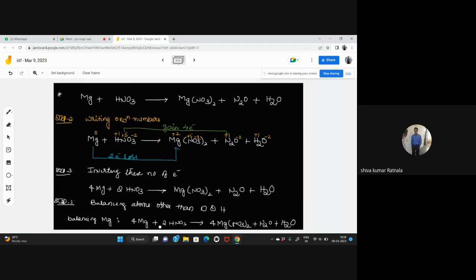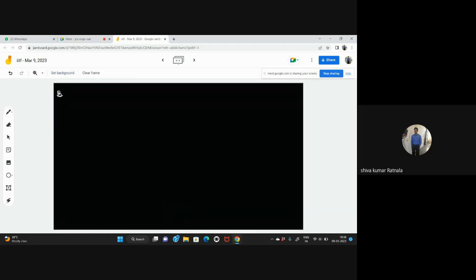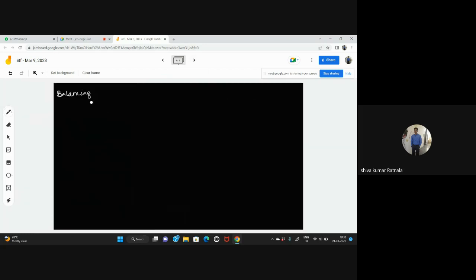Now, while balancing nitrogen, how many are there on the right side? It becomes 10, no? So as we have 10 nitrogen atoms on the right but only 2 on the left, to balance we use 5.